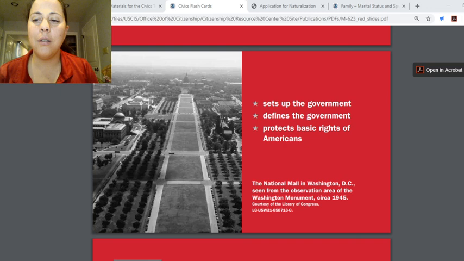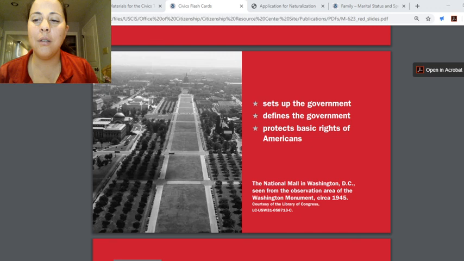What does the Constitution do? Answer: pick one. Sets up the government, or defines the government, or protects basic rights of Americans. You do not have to say all three. You only have to pick one. Only pick one.